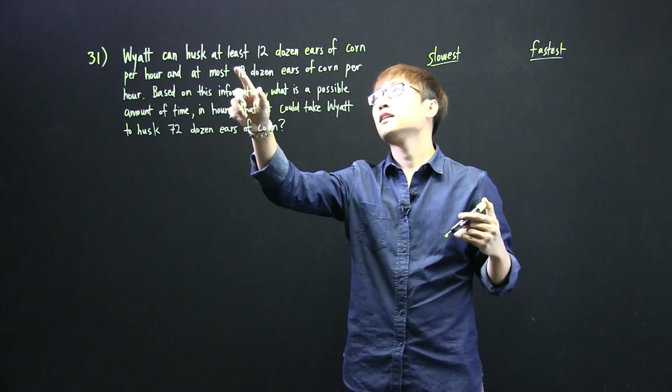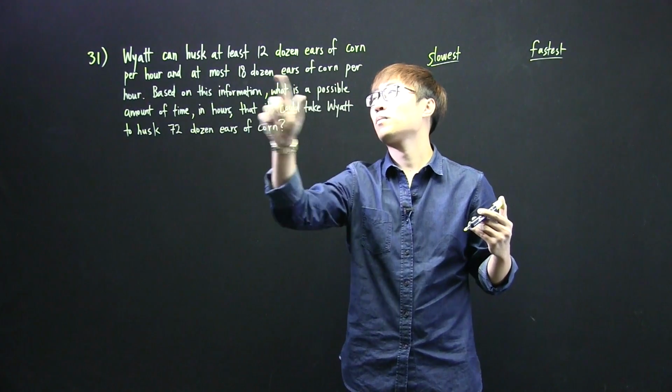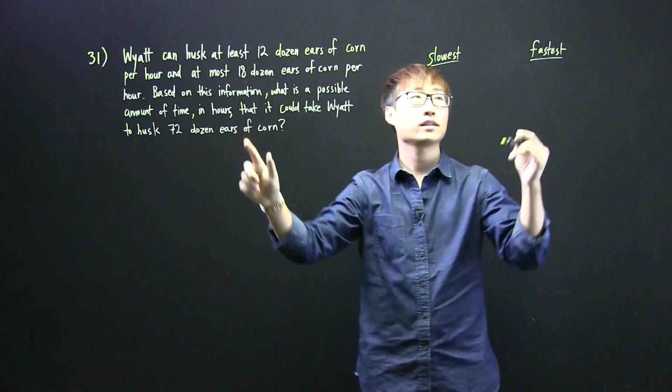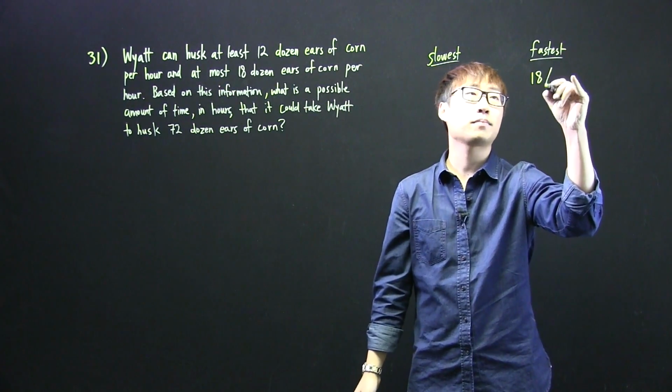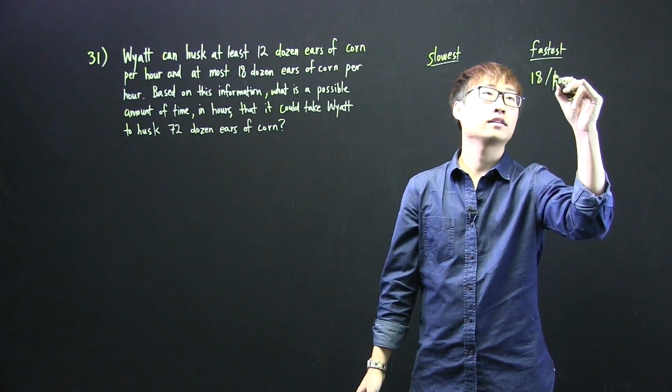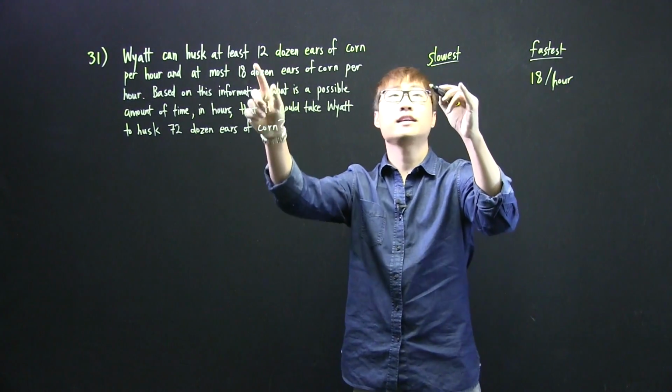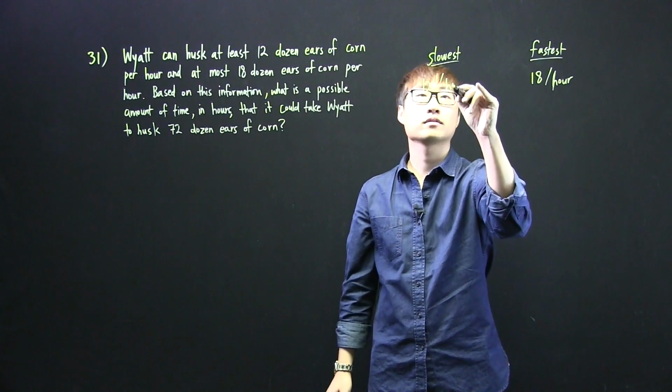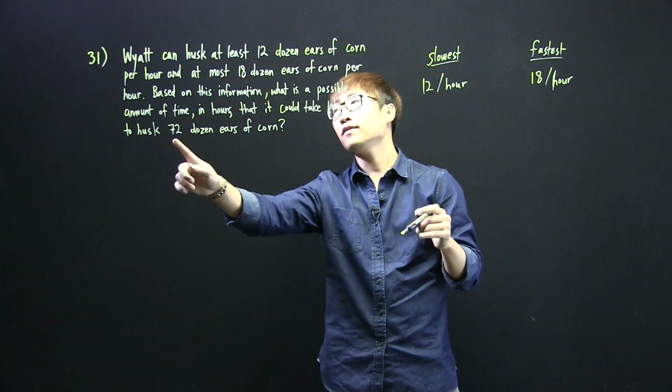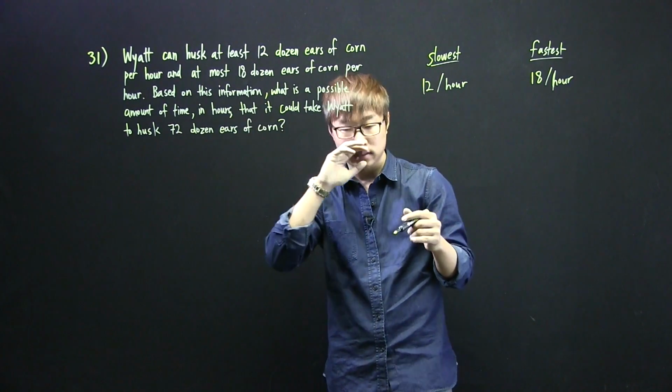So Wyatt can husk 18 dozen ears of corn per hour at most, right? So that's the fastest, 18 per hour. And then the slowest is at least, so 12 per hour. And then we're looking at 72 dozen ears of corn that he has to husk, right?